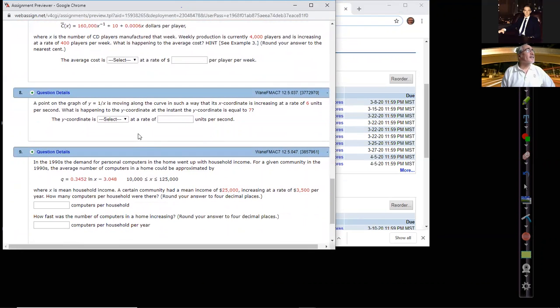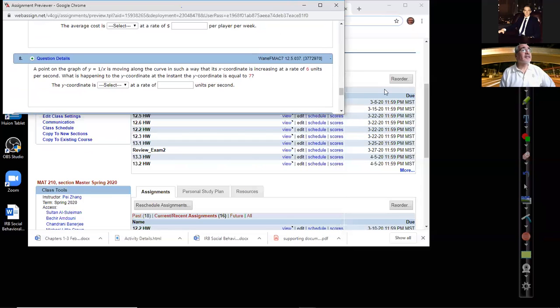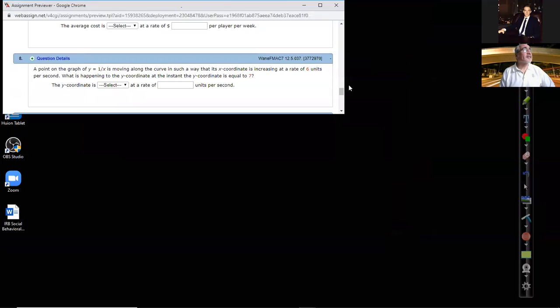Yeah, any of those. Okay, let's start with 8. It's a little bit more straightforward. 9 is similar, but we've got to take the derivative of the natural log. So let's go ahead and take a look at 8.